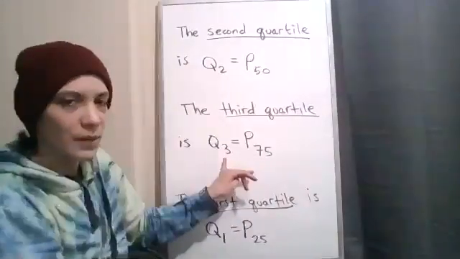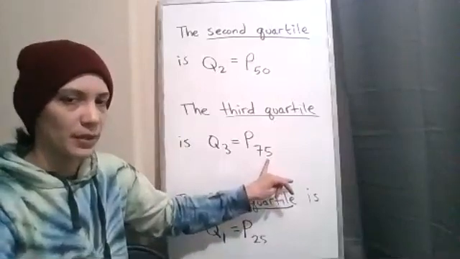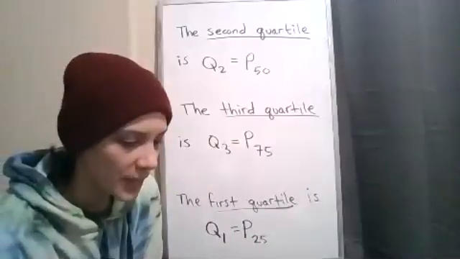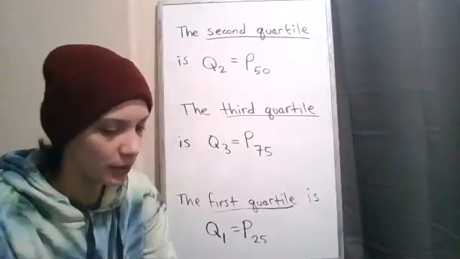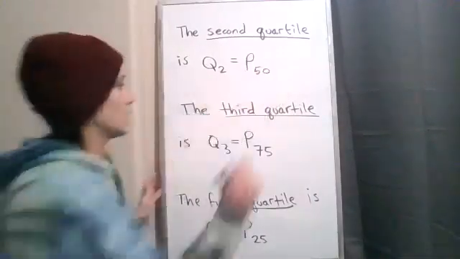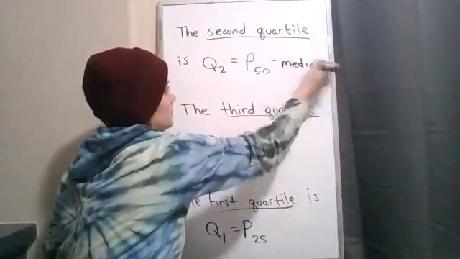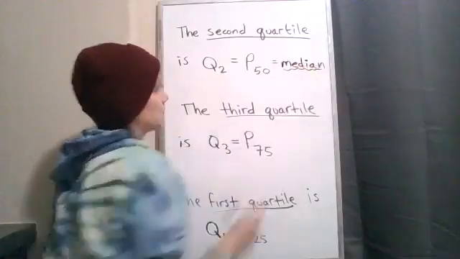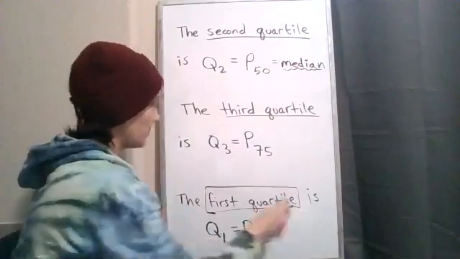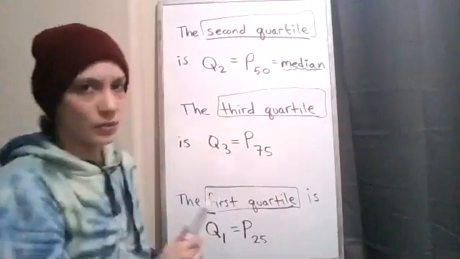It's the value that divides the bottom 75% of data from the top 25% of data. And those are all the quartiles. I just put a note that the second quartile is also the median of the set.